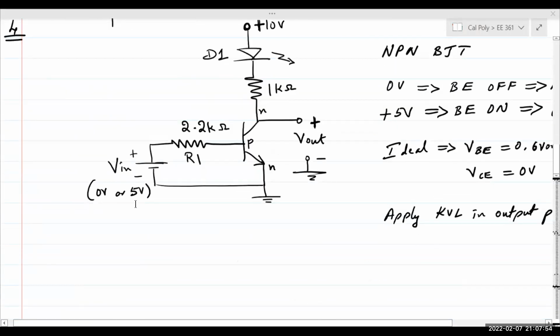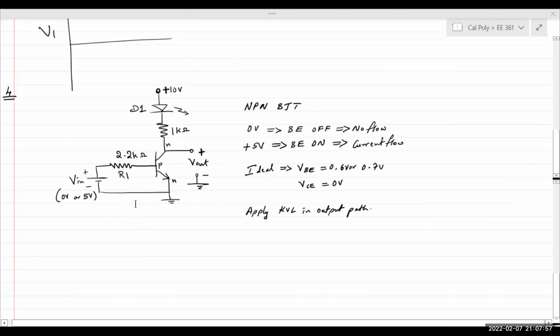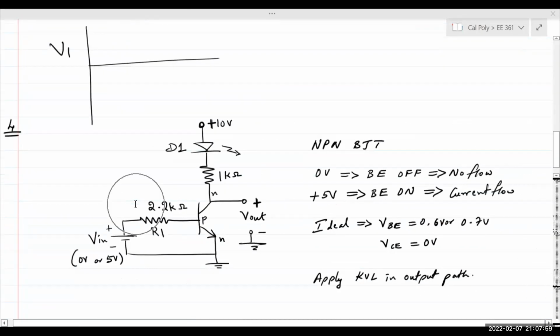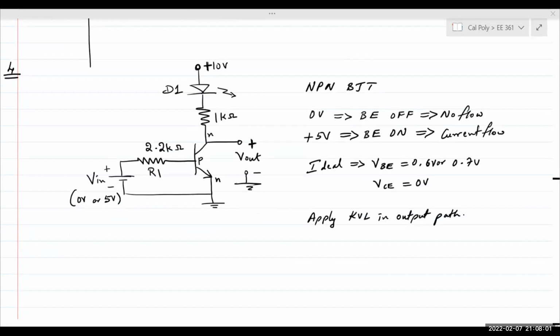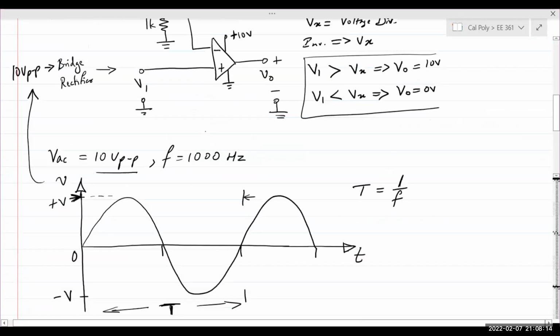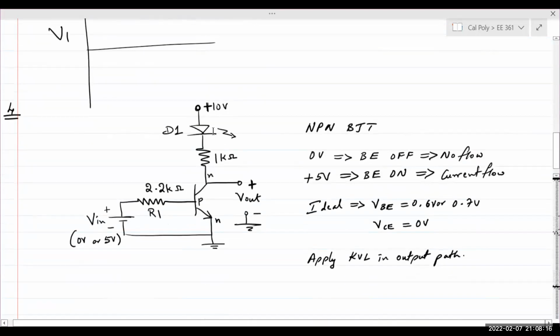In this circuit diagram, we have an NPN transistor, NPN BJT. The input signal V in is digital, meaning it can only take 2 values, either 0 volts or 5 volts.